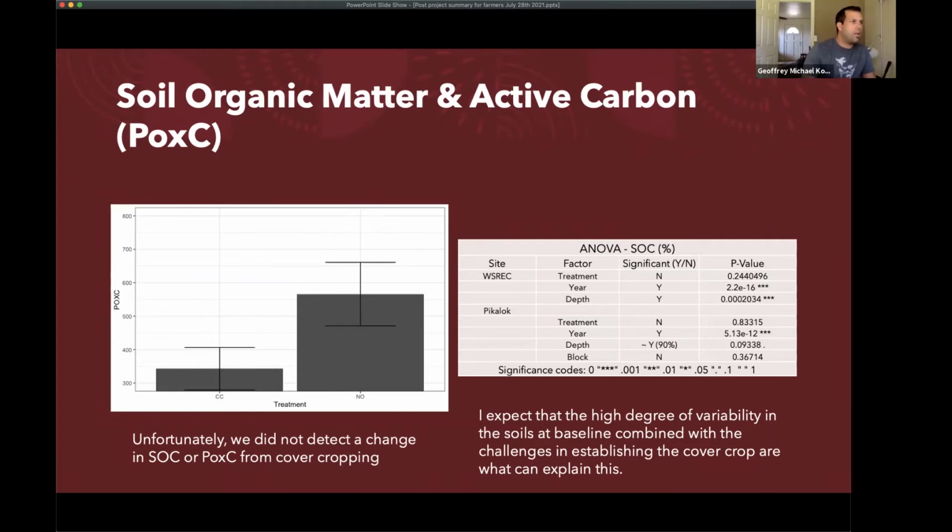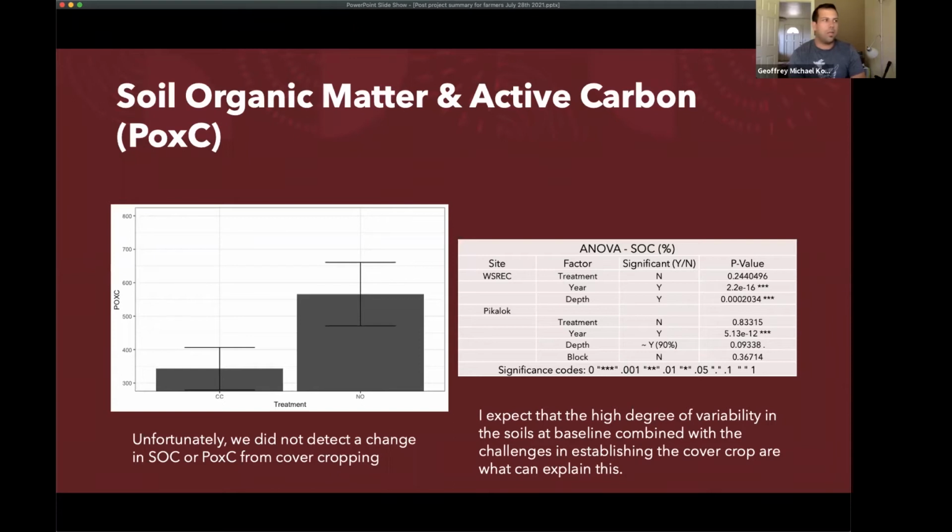On the right-hand side, we see the soil organic carbon ANOVA table. So you can see it for the West side REC and Pikalok farming there. We didn't see a treatment effect, meaning no significant difference between treatments. But we can see at your site here, the year was significant.